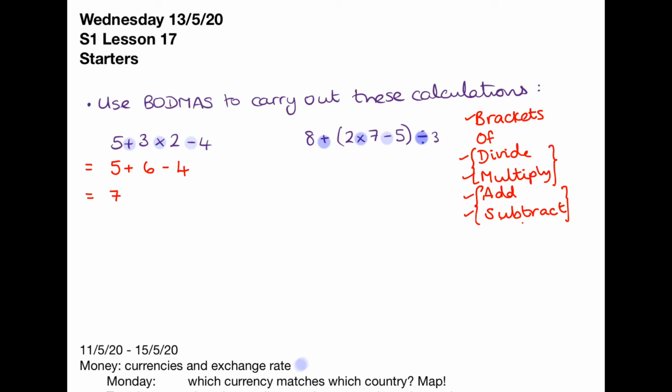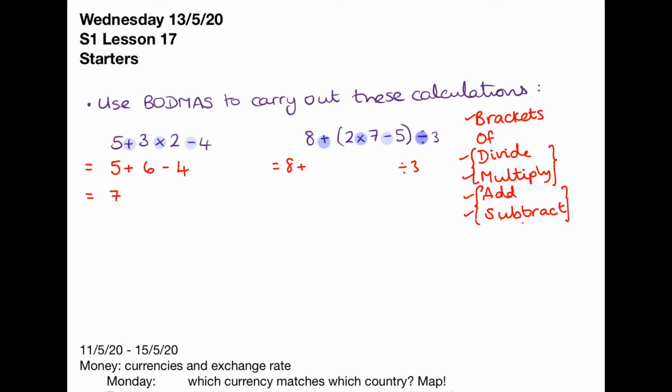Okay, so the first thing we've got to work out there is the bracket. So we're going to leave the 8 plus and the divided by 3 on their own, and we're going to work out this bracket. Now, within our bracket, we can see that we've got a multiply and a subtract.